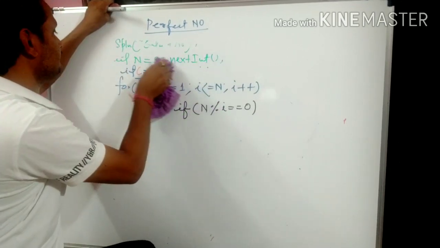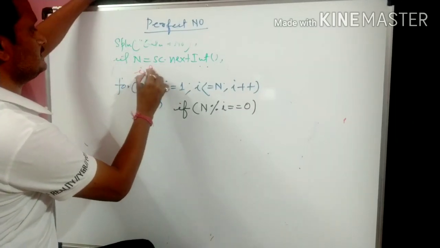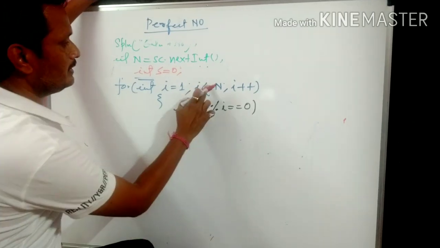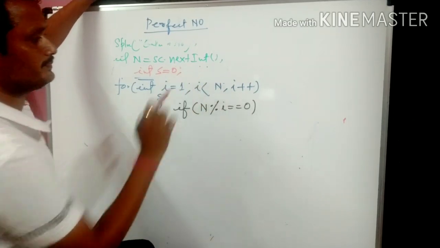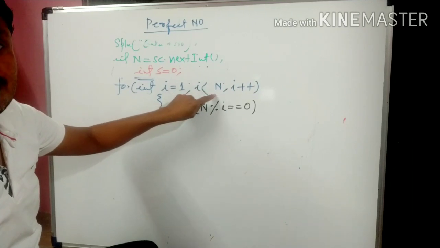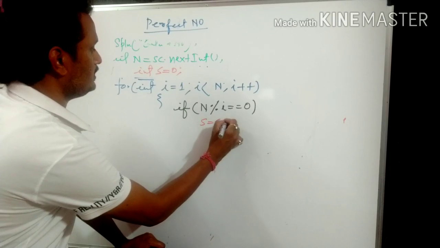There are two logics. One logic is: integer s is equal to 0, excluding the number. Excluding the number means less than, isn't it? If the number is 6, less than 6 means up to 5 times it will execute. If the condition is true, s equals s plus i.